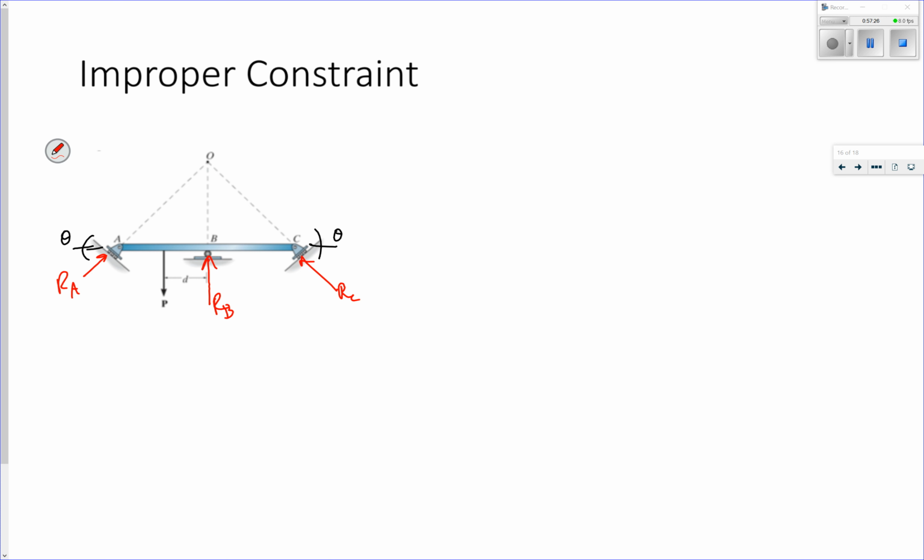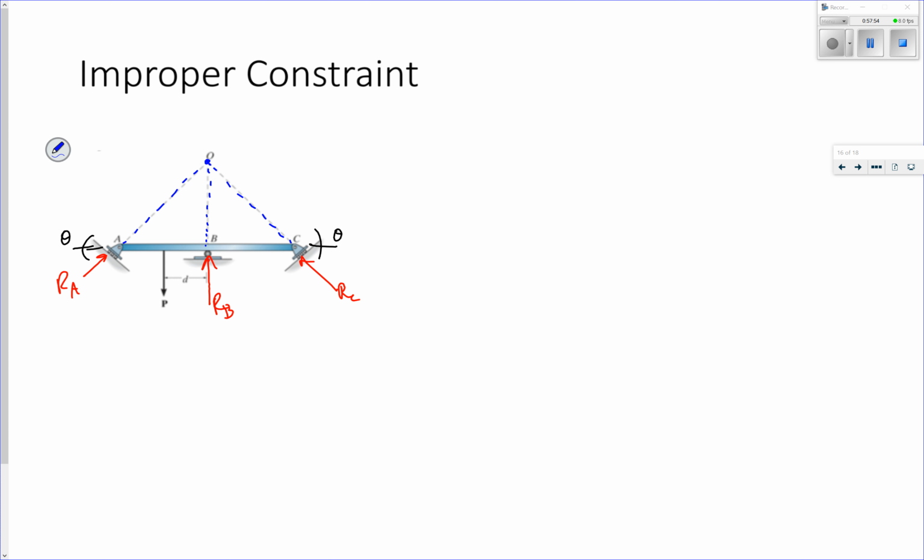So if I apply a load and I want to solve for equilibrium, first of all, it's going to be statically indeterminate because I have too many reactions. But second of all, if I solve for my moments about this point O, where if I draw a line, these would all meet.